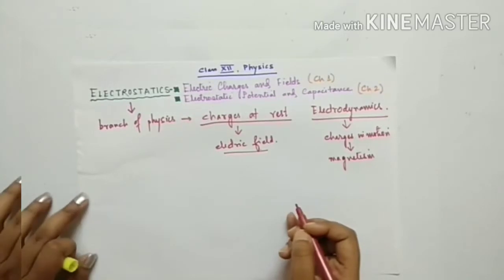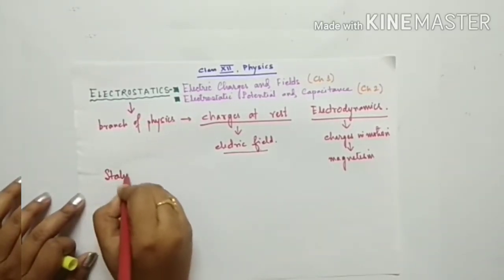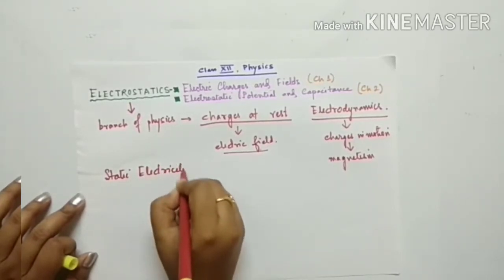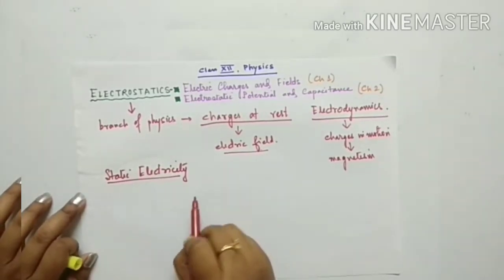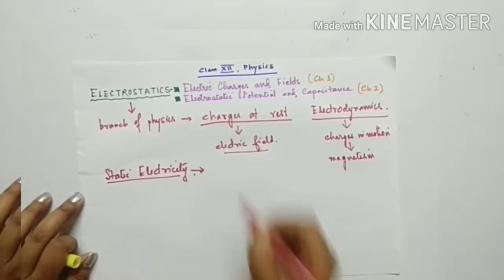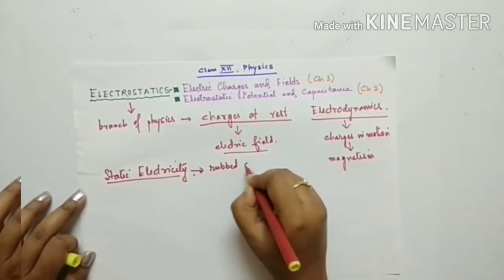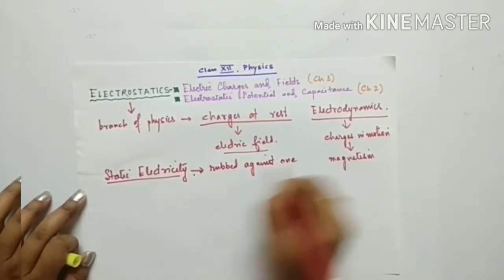Now we all are aware of static electricity. So we all know static electricity is the electricity that develops due to friction when two bodies are rubbed against one another.